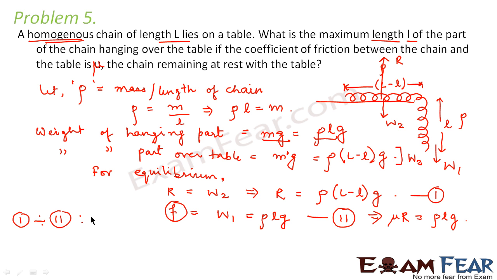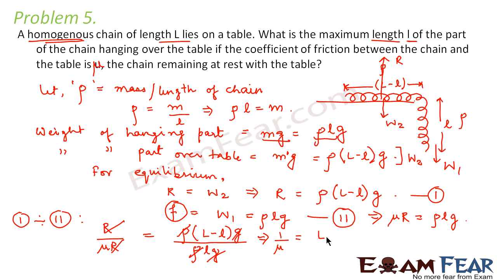Dividing, R divided by mu R on the left hand side, and on the right hand side, rho into (L minus l) into g divided by rho lg. So now we get 1 by mu is equal to (capital L minus small l) divided by small l.